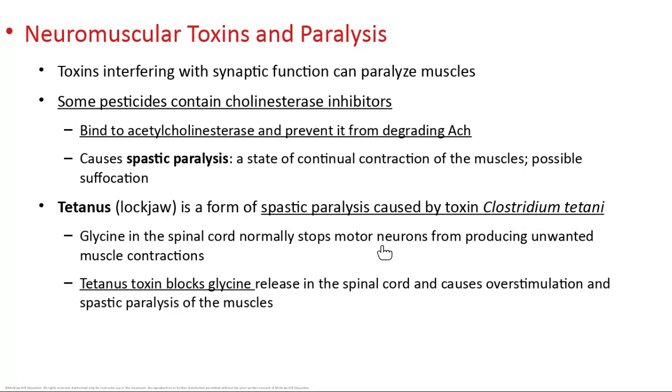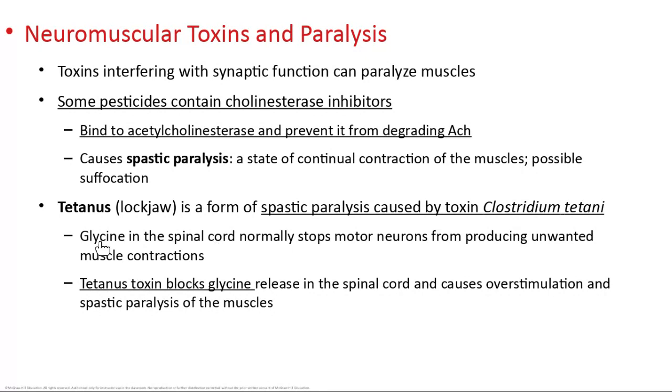Now, here's the deal: there is a neurotransmitter called glycine. Glycine is an inhibitory neurotransmitter, and it's located primarily in the spinal cord.